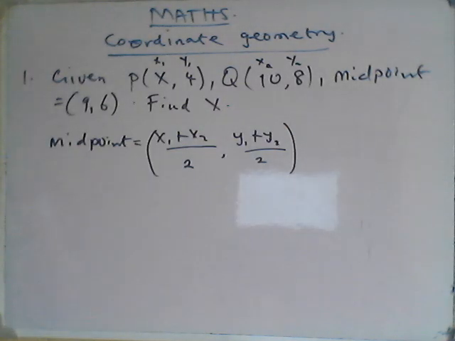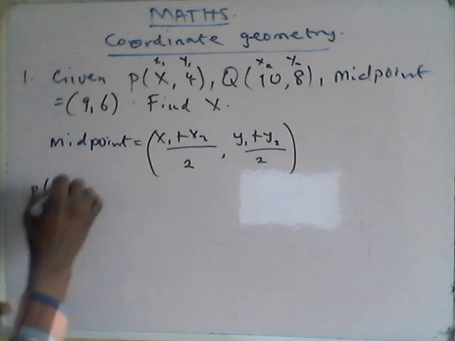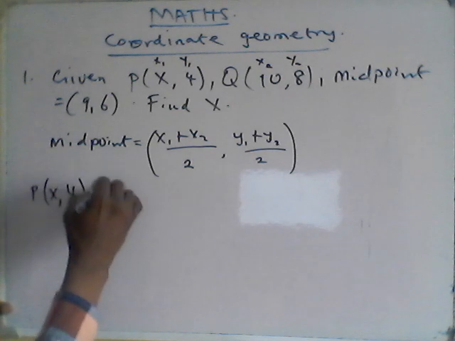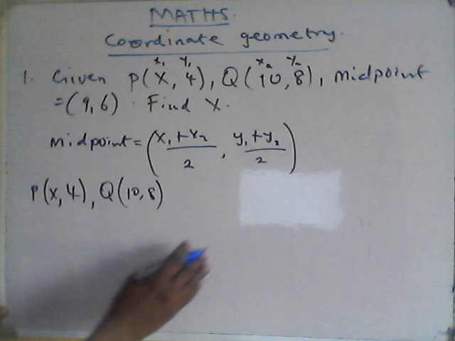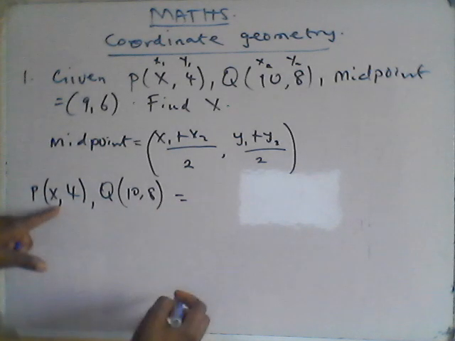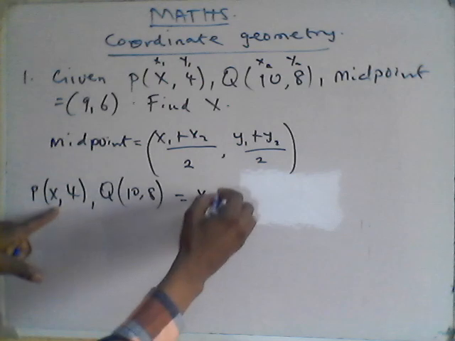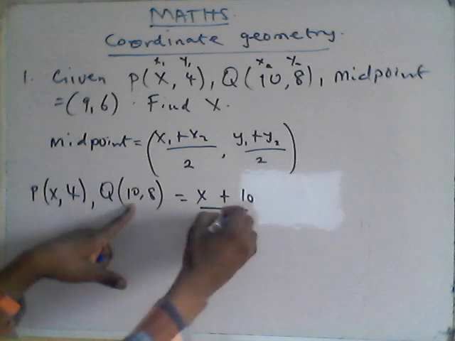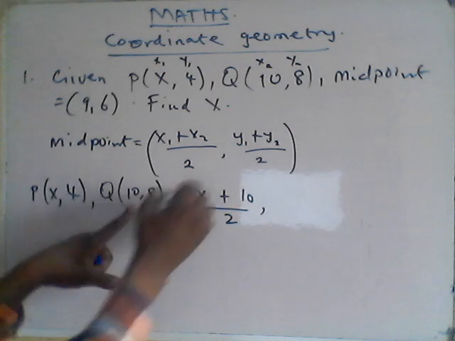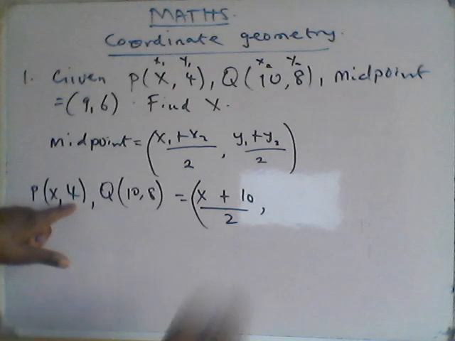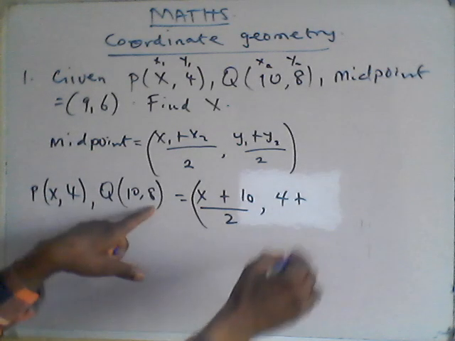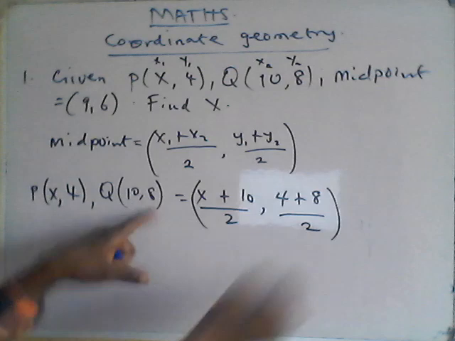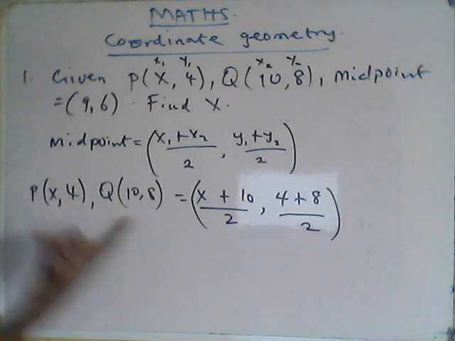So I can write the midpoint formula for this particular question by saying that for P, x and 4, comma, Q, 10 and 8, the midpoint formula here is x1, x1 is x, plus x2, x2 is 10, all over 2, then separated by a comma, then y1 is 4, plus y2 is 8, also. All right, so this is the midpoint of these two points.